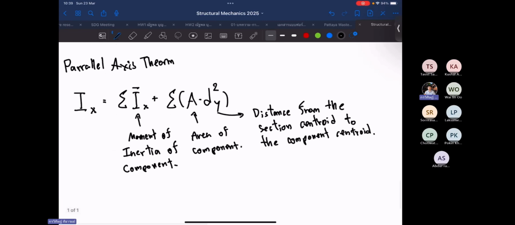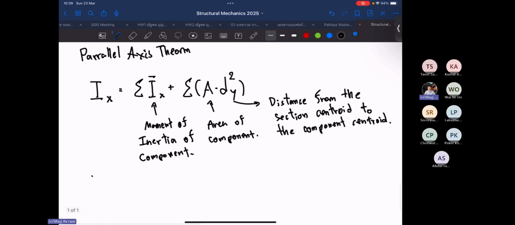Okay, distance from the section centroid to the component centroid. As you can see, we need all these parameters in order to calculate the overall moment of inertia of a section.